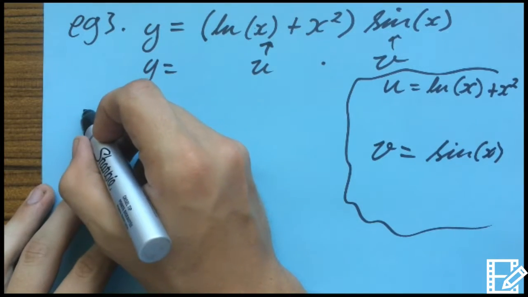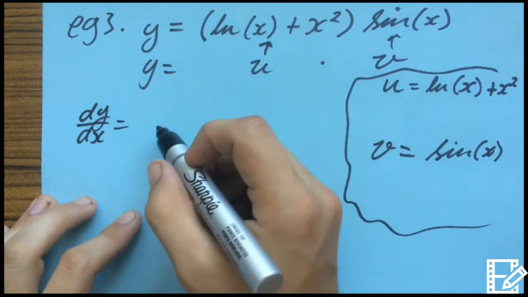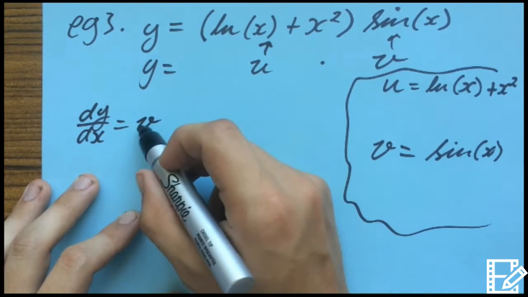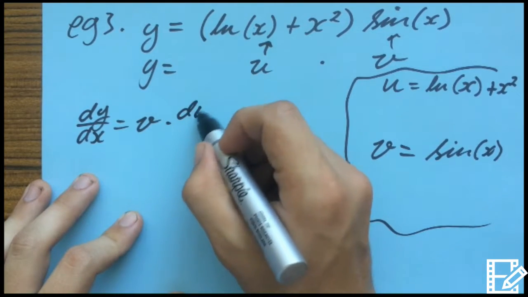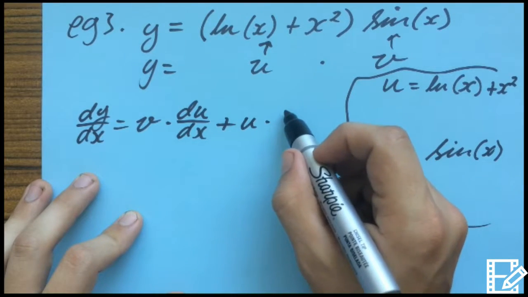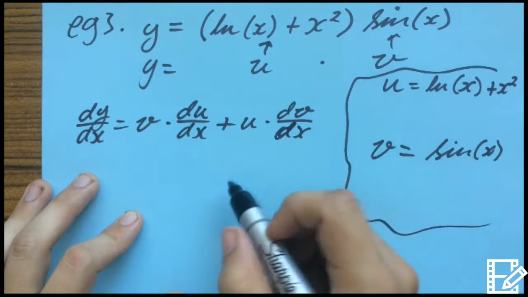Now we do the derivative. The derivative is v multiplied by the derivative of u, plus u multiplied by the derivative of v, with respect to x.